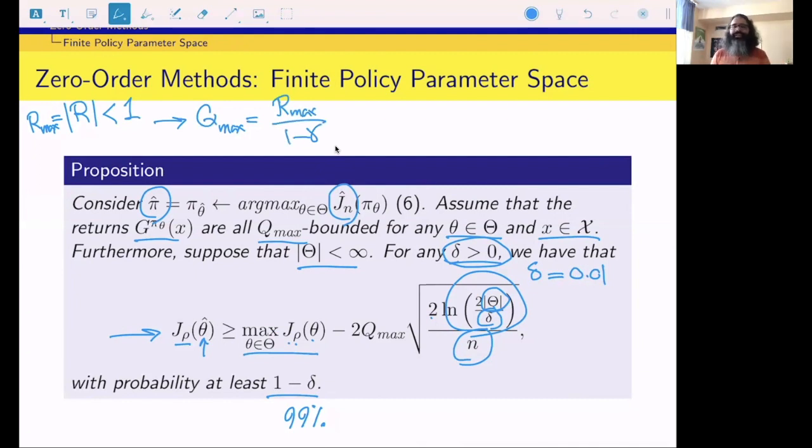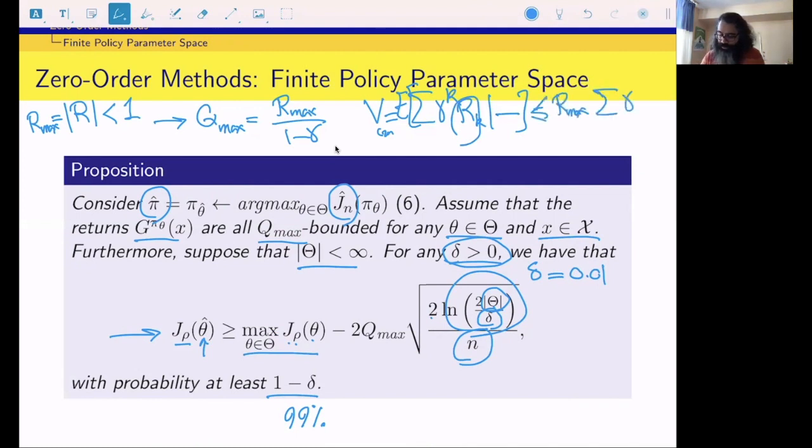And you can see this from the definition of the value function. Not writing everything completely, but it would be the sum of gamma^k r_k, for example. So if each of these terms is bounded by R max, this would be bounded by R max times the sum over k of gamma^k. It's an infinite sum, right?